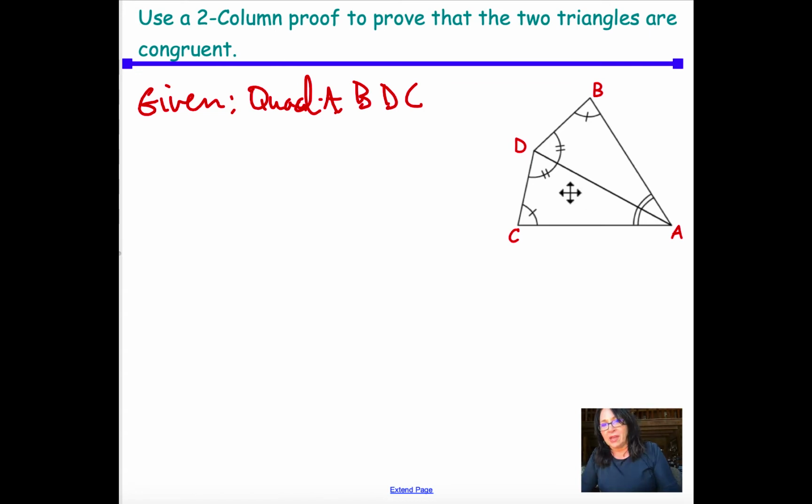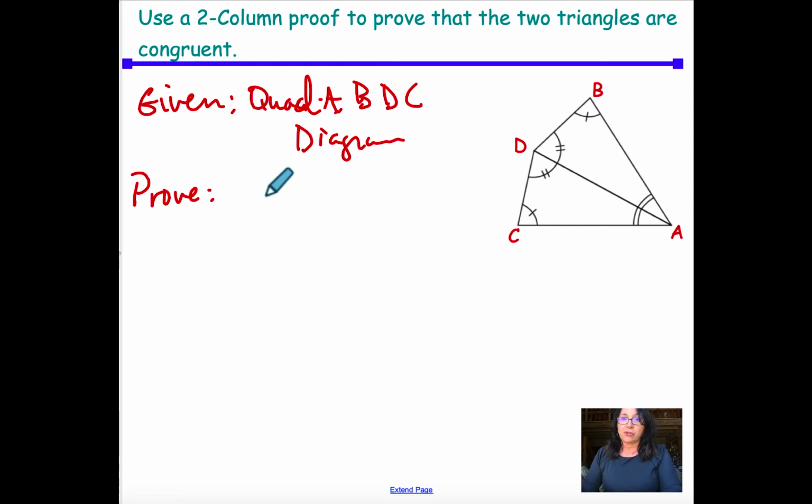And also within the diagram, you are given all of this other stuff. And so we are going to note that when we decide to prove what we're trying to prove. Now, what we're trying to prove is that these two triangles are congruent, so I want triangle ABD is congruent to triangle ACD.